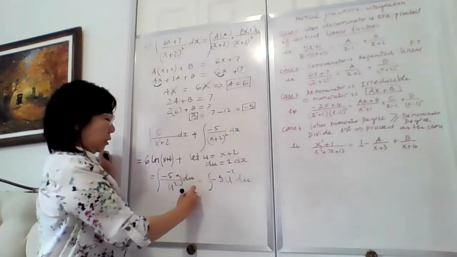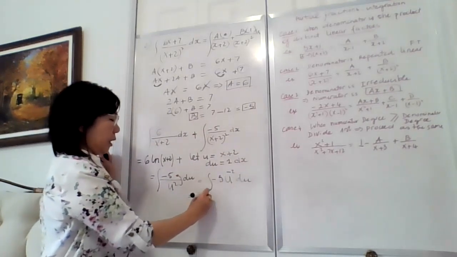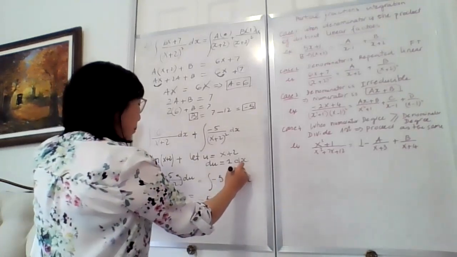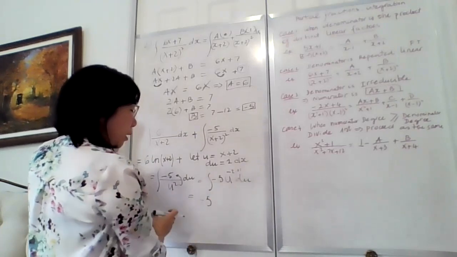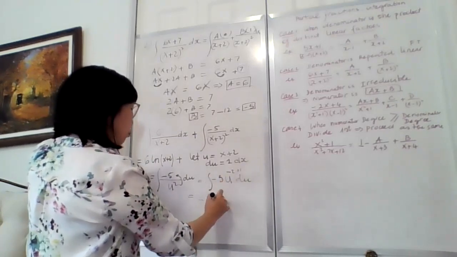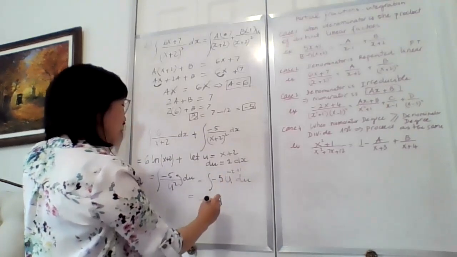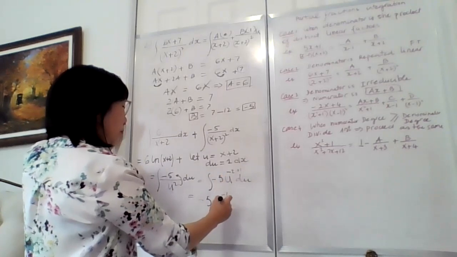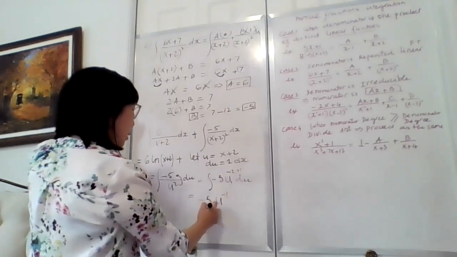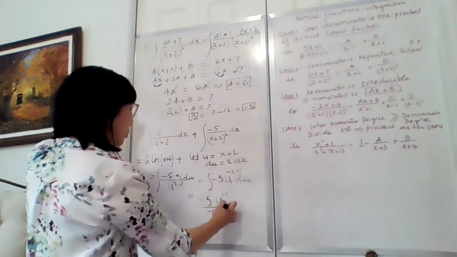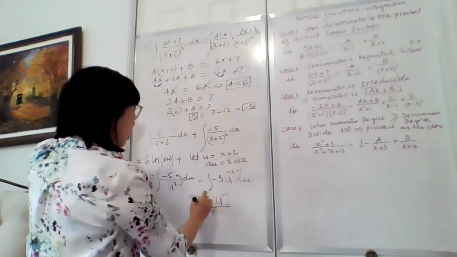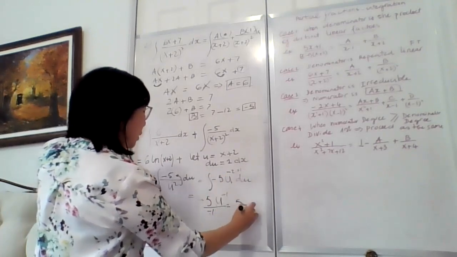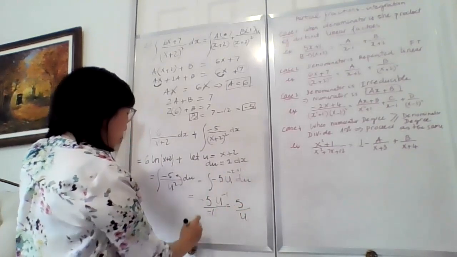Now I'm going to integrate. This equals minus 5, and when I take the antiderivative, I add 1 to the power, so that gives me u to the minus 1, also divided by minus 1. So minus divided by minus gives 5, and u to the minus 1, I bring it down to become u.